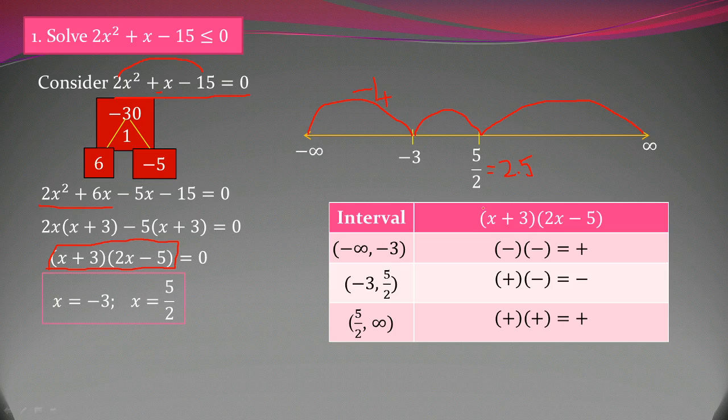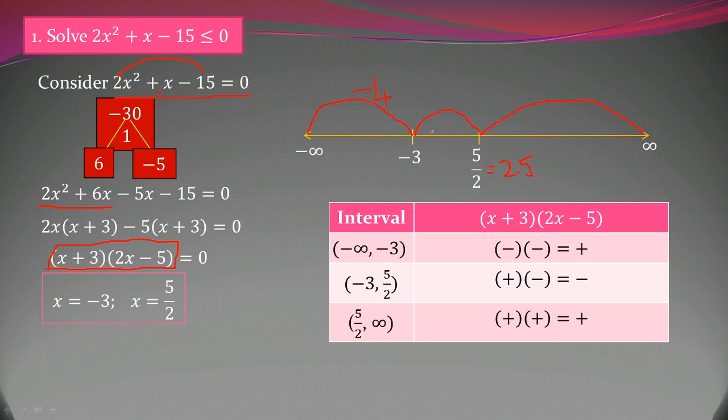Minus 4 plus 3 is minus 1, so you put minus here. For the second term, minus 4 into 2 is minus 8, minus 8 minus 5, that means minus 13, so you get minus. Minus into minus will give you plus. Clear?